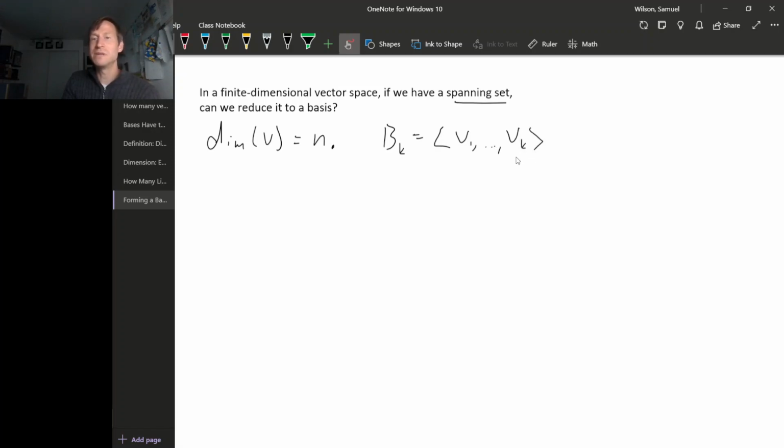We don't know how big k is, that's the problem, but we're assuming that the span of B sub k is all of V. Okay, now, the question in the back of our minds is: is B sub k a basis? We can't tell yet because we don't know if B sub k is linearly independent.